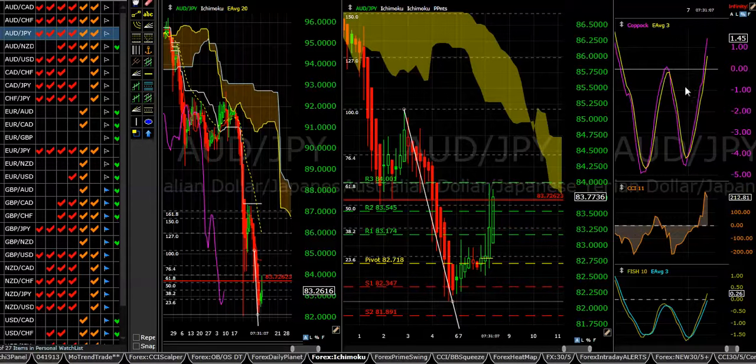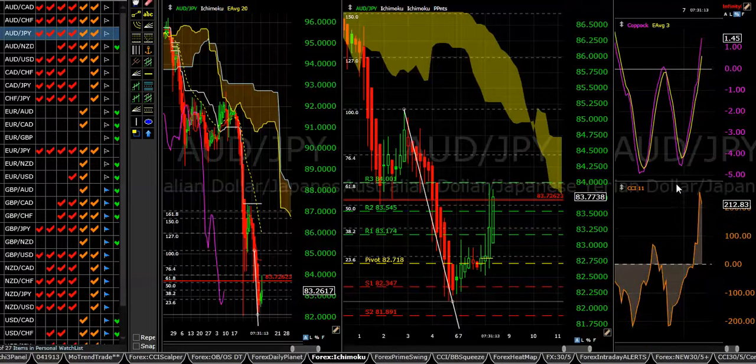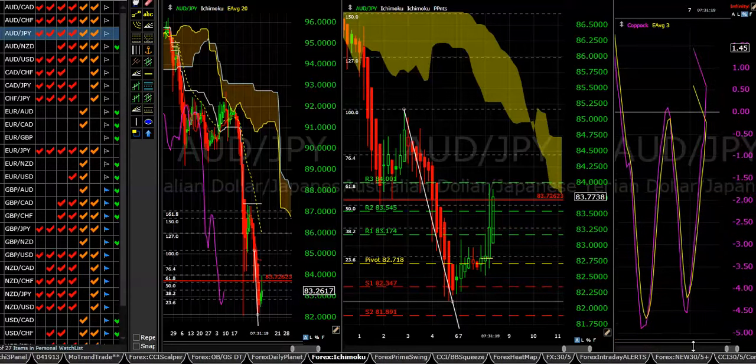But you can see on the 4-hour Chikou curve, if we just drill down and look at that one for a second, it's showing us a bullish move up, so we are in a counter trend move going up here on the Aussie Japanese yen. But we do have overhead resistance, as I mentioned, in this area here of the 62% fib line and the R3 combination, and then the descending 4-hour Kumo in here. So a lot of overhead resistance.